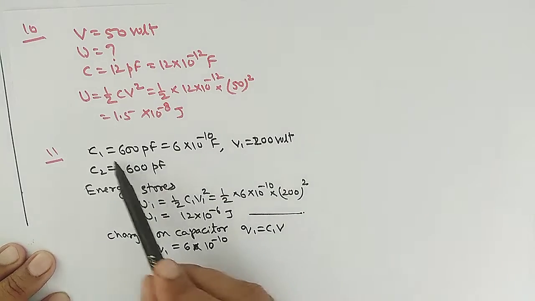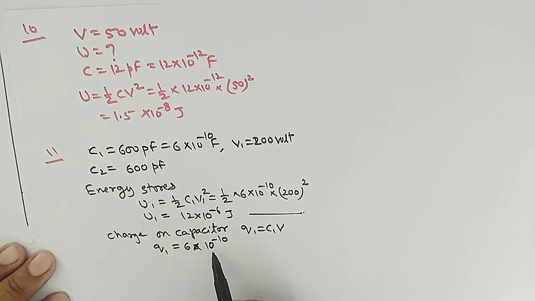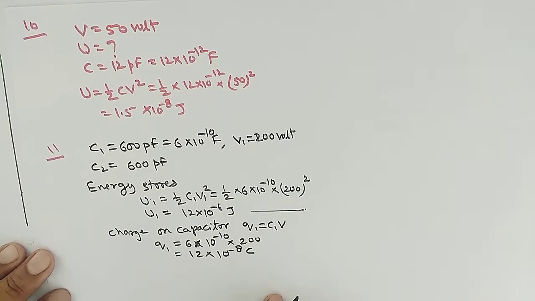Put the values: C1 and V is given as 200. So 6 into 200 gives 12 into 10 to power minus 8 coulomb. This is the charge.